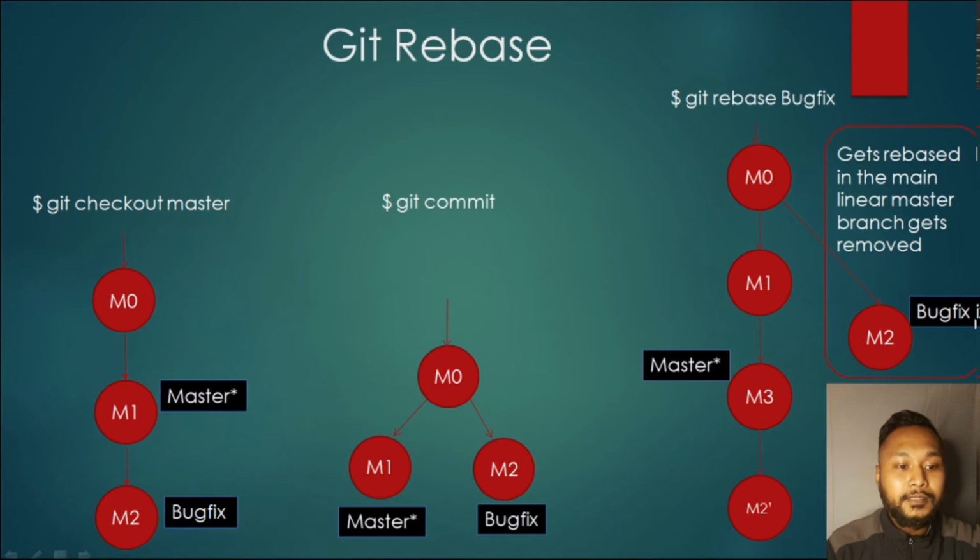As you can see in the figure, it's denoted by M2 dash, but the linear sequential flow is all done in the master branch. So the linear flow of the nodes is the representation of all the work that has been done in the master branch.